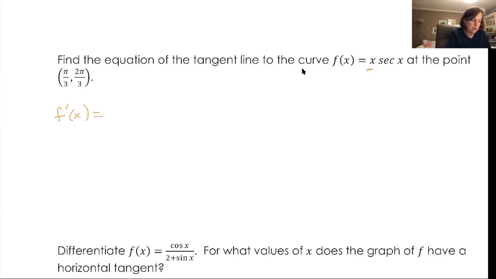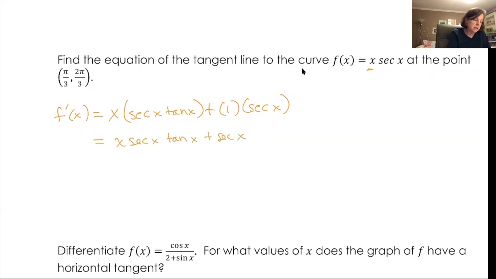So x is my first function, leave it alone. Derivative of secant is secant x tangent x, plus, now the derivative of x, and then leave my second function, which is secant x. So that's just x secant x tangent x plus secant x.